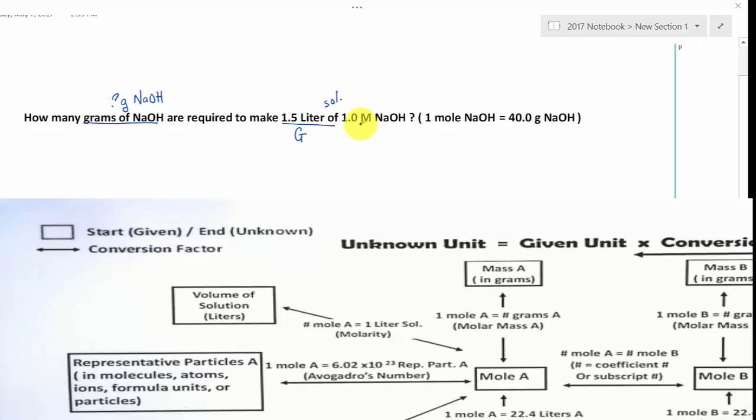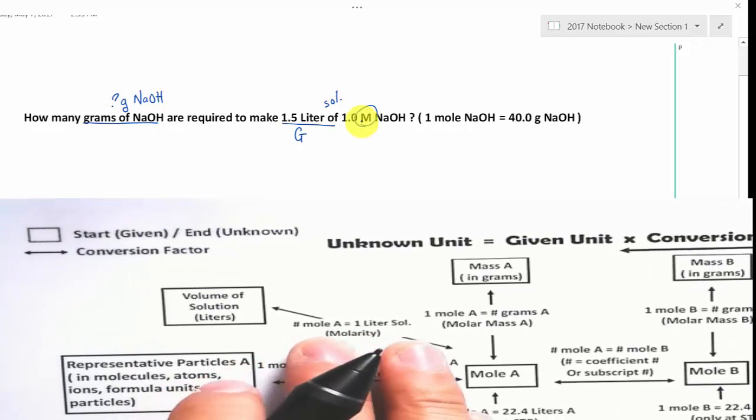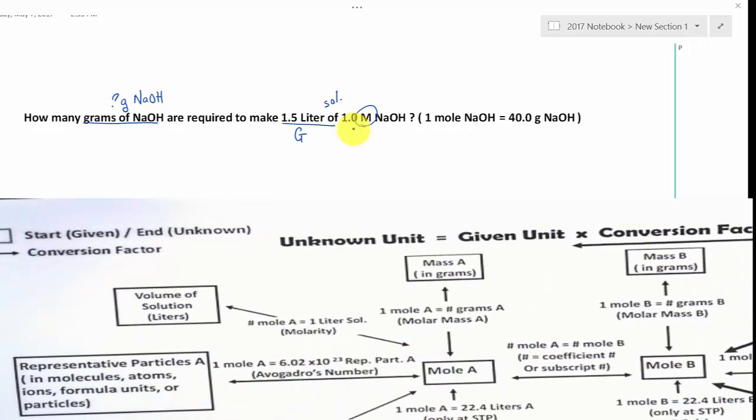You see right there, every time you see molarity, think of that as a conversion factor, because molarity exists as the number of mole A equal to 1 liter of solution. So in this case, this is a conversion factor that's expressed in terms of 1 mole of NaOH is equal to 1 liter of solution. So keep that in mind. That's the tricky part.